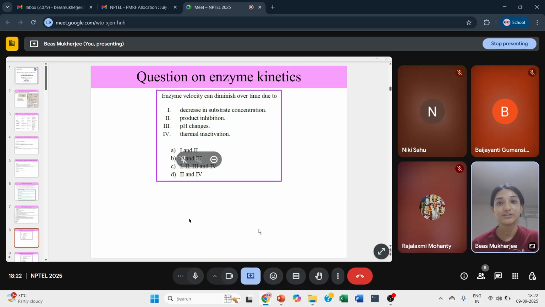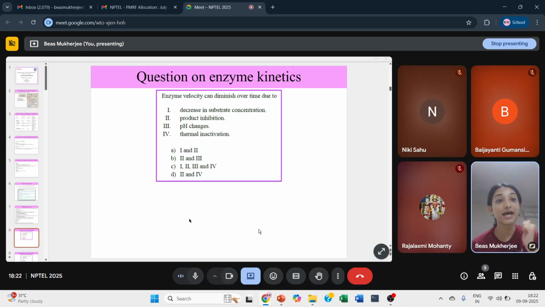The first question, you can answer in the chat box or you can unmute yourself and talk. Okay, so the first question is on enzyme kinetics. Enzyme velocity can diminish over time due to, firstly, decrease in substrate concentration, product inhibition, pH changes, and thermal inactivation. If you remember last class, then you will be able to answer these questions.